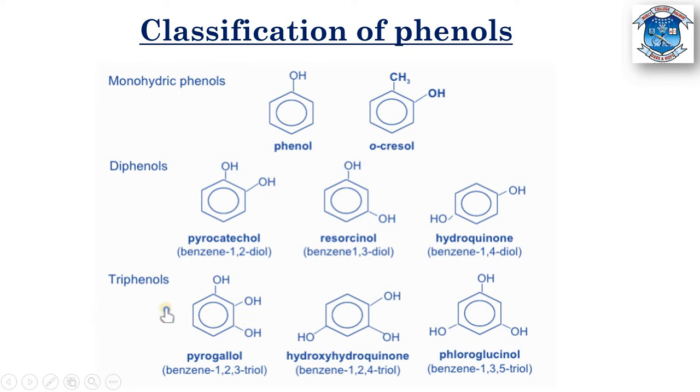If there are three OH groups, it is called a trihydric phenol. For example, pyrogallol, benzene 1,2,4-triol, etc.